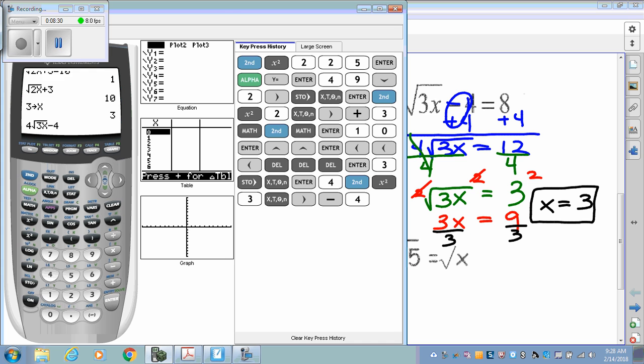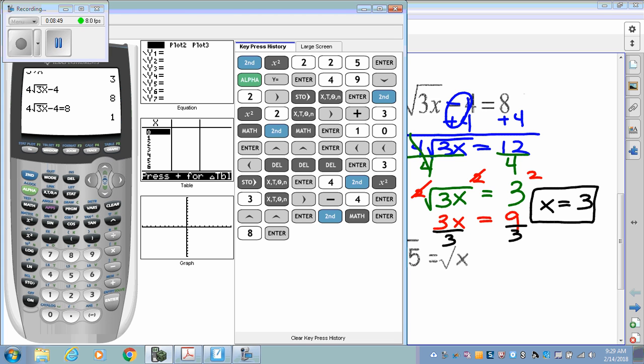Then I can hit enter to see if that equals 8, or I can go up here, do second math, and set the whole thing equal to 8, and see if that's true. Yep, that is true. So those are not extraneous solutions.